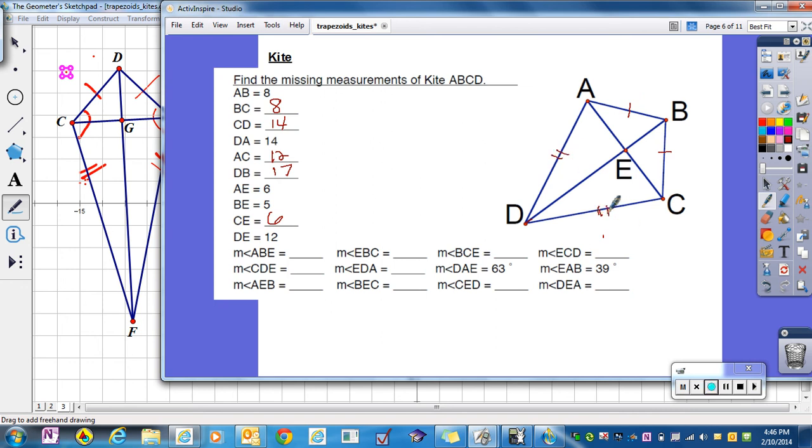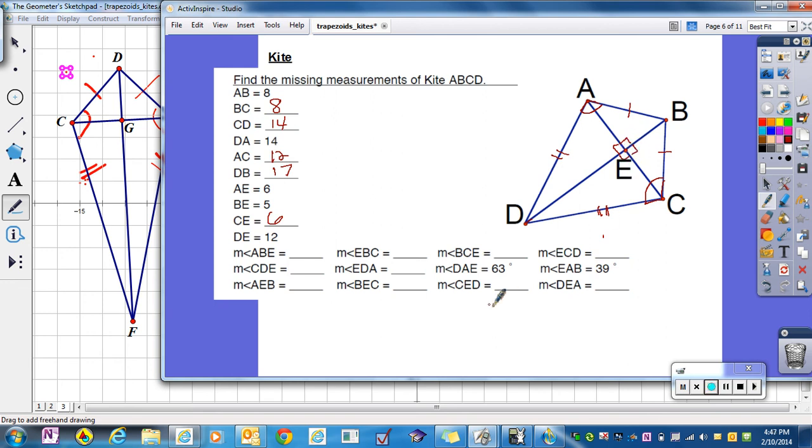So the angles that connect the non-congruent sides are congruent. So right here, angle BAD connects the two non-congruent sides, and then also BCD connects the two non-congruent sides, so they are congruent to each other. Also the diagonals are going to be perpendicular to each other. So that means that in the middle, I'm going to have 4 right angles.